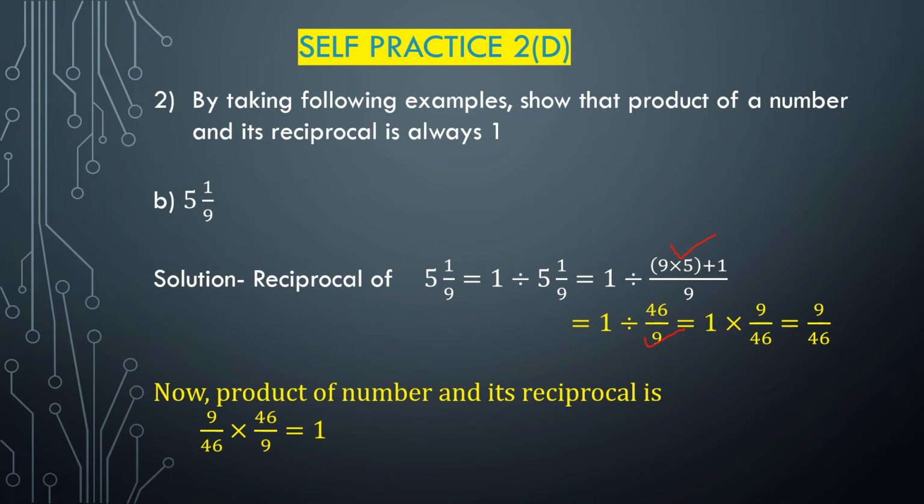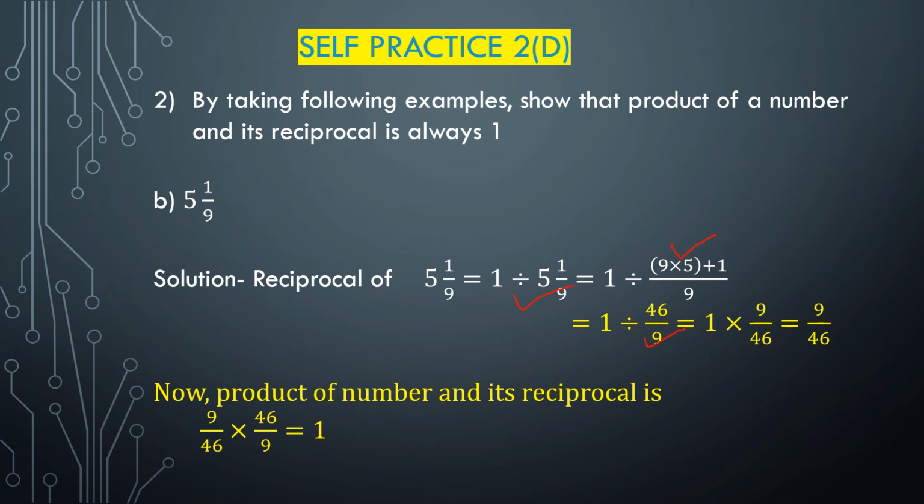Now the reciprocal of 5 1 divided by 9 is the reciprocal of 46 divided by 9, that is 1 divided by 46 divided by 9. 46 divided by 9 is an improper fraction. Now we have to change this division symbol into a multiplication symbol.